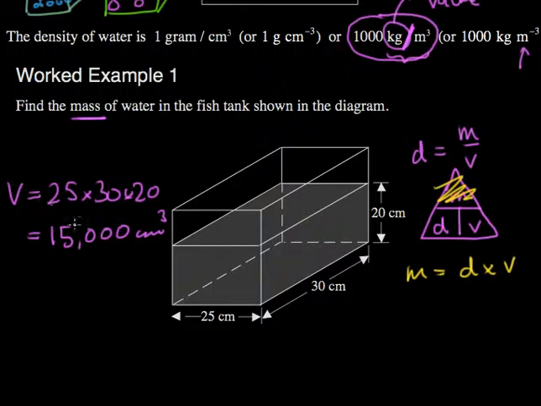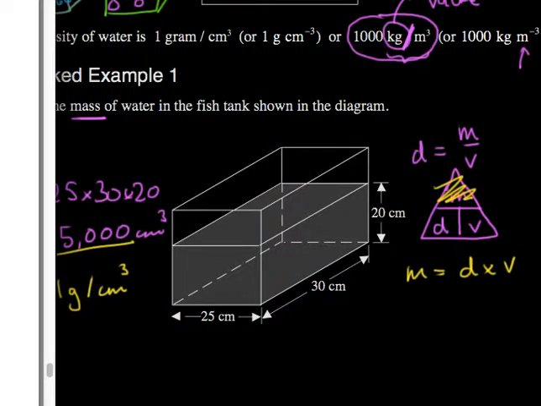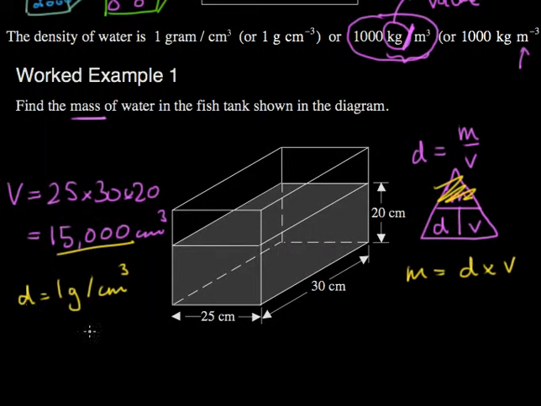Now we know what the volume is. The volume is here. But what about the density? The density of water is something that you would need to know. And that is the density of water is 1 gram per centimeter cubed. So now to work out how many grams this is, we would use the volume in centimeters cubed, which is given here.